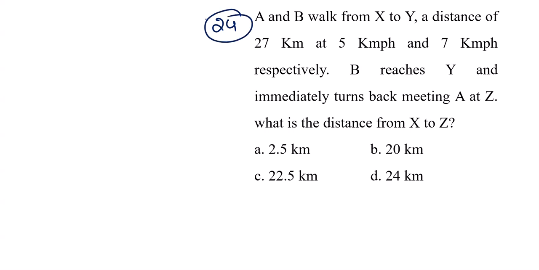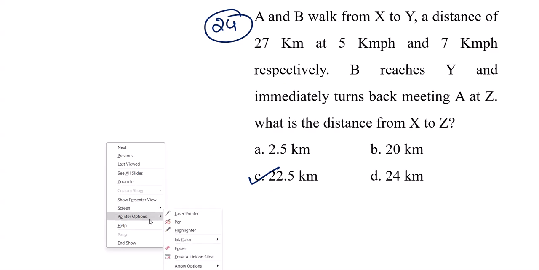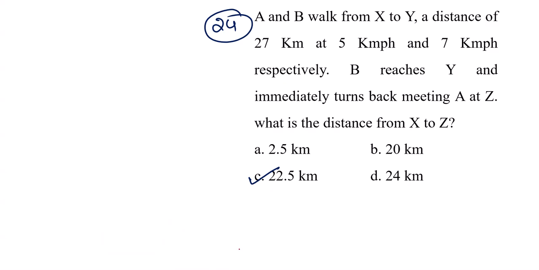This question we discussed in TCS as well. If I remember, it's 22.5. Actually, this is a CoCubes question, but as it is a good quality question, we added it in TCS as well. So if you recall, X and Y, the distance between them is 27 kilometers.